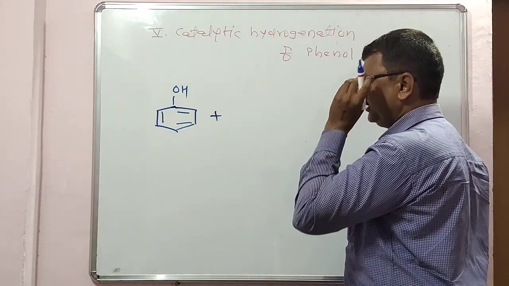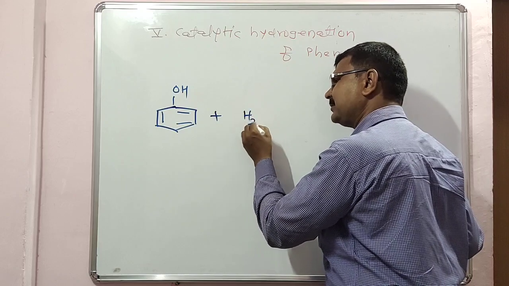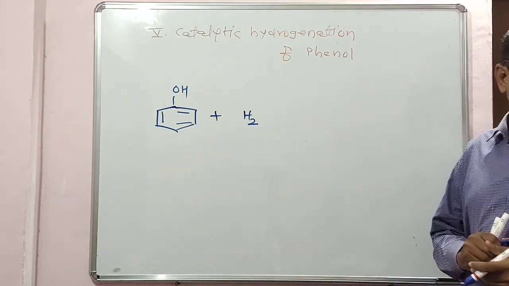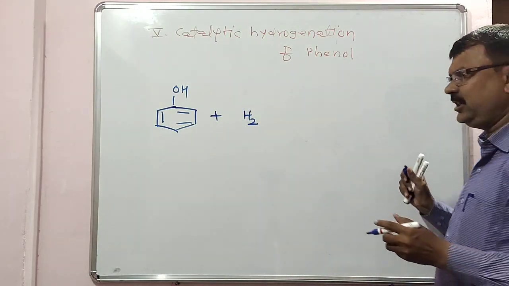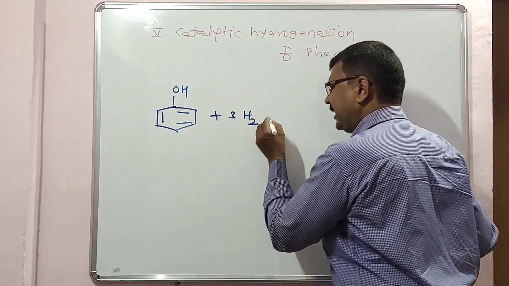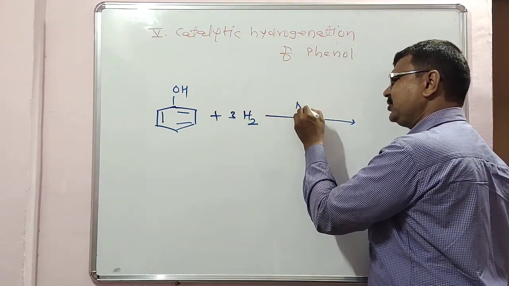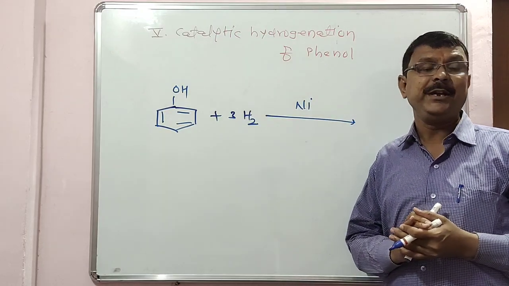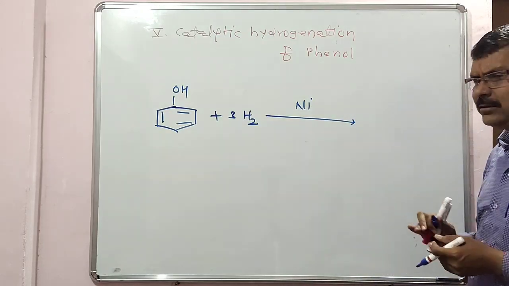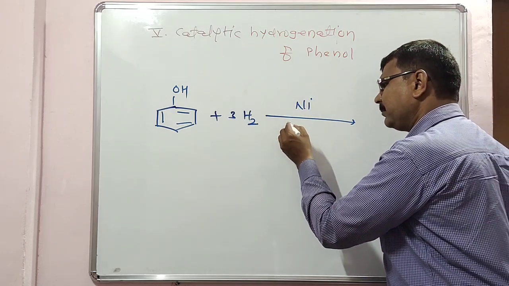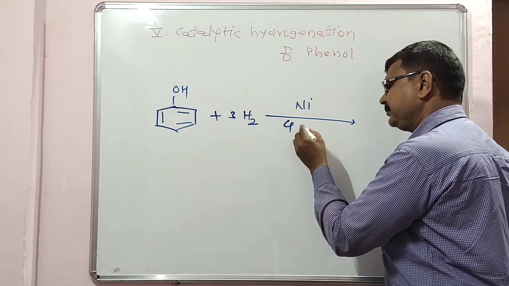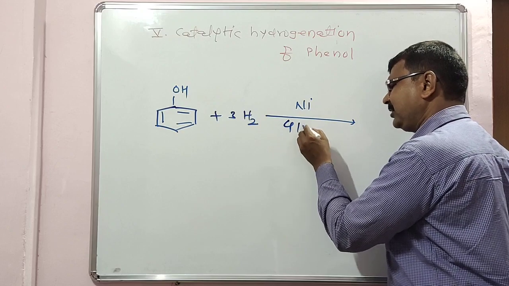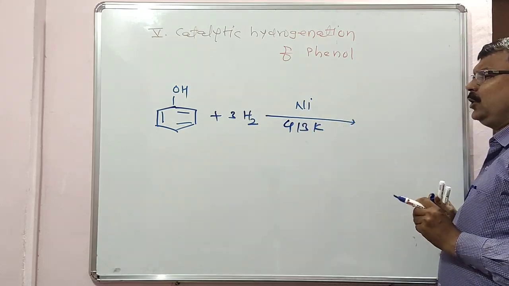Correct? Catalytic hydrogenation means H2 gas. Look here, H2 gas, in presence of nickel as a catalyst at 433 Kelvin.